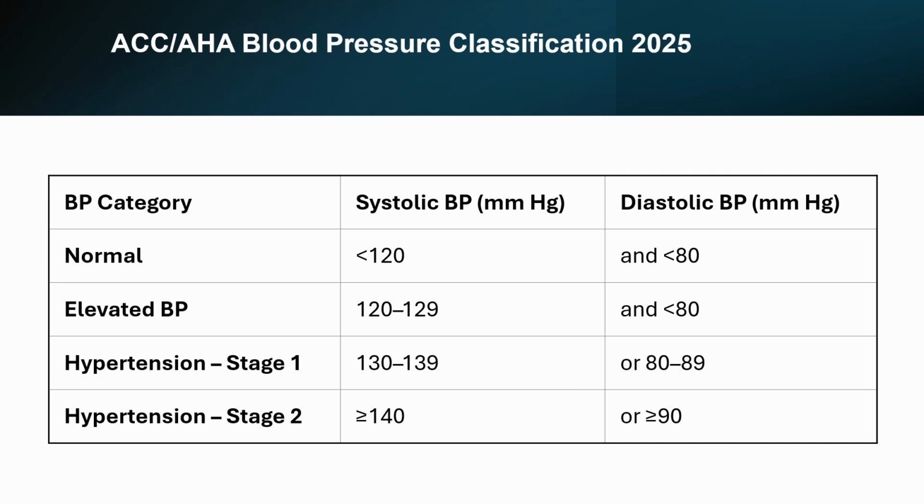Finally, stage 2 hypertension is when systolic readings are 140 and higher, or diastolic readings are 90 and above. This diagnosis is based off of at least 2 or more readings which occur on 2 or more occasions. I didn't include hypertensive emergency on here, but we'll get to that in a future video.